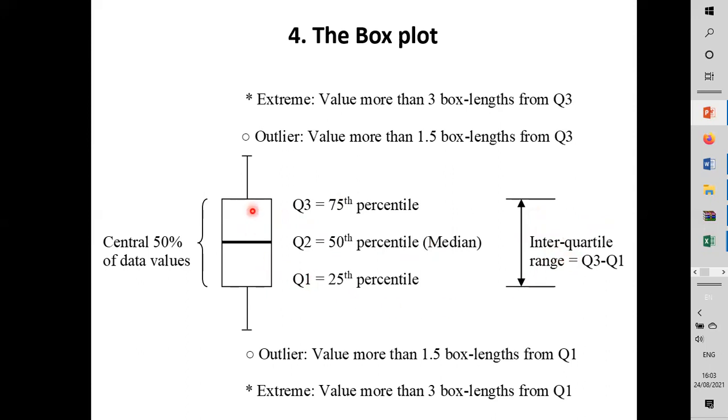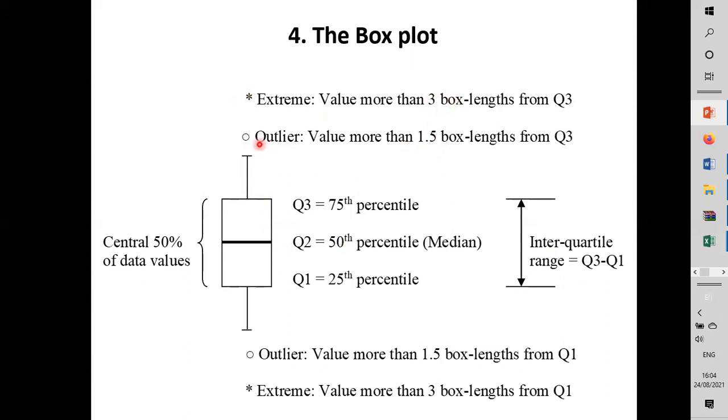What percentage of cases is inside the box? 50%. So interquartile range is actually the cut point for the central 50%. Later we'll see when you use this. Besides that, the box plot can be used to detect outliers or extreme values based on these dimensions.